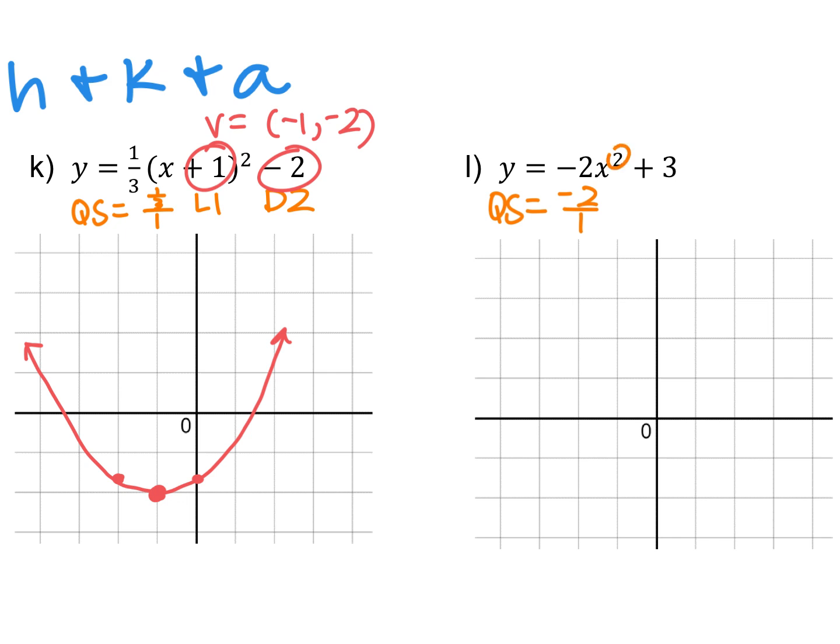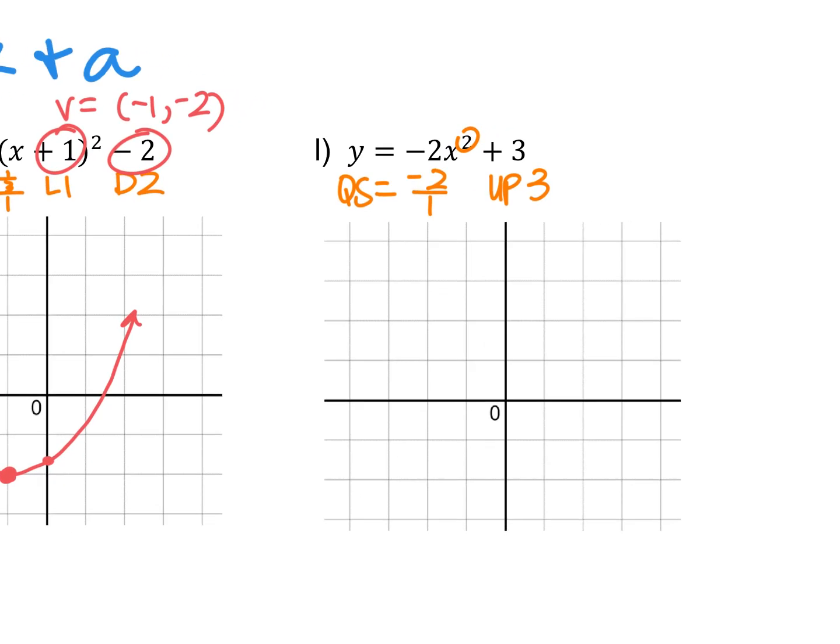So am I shifting up 3? That's all I'm doing, just shifting up 3. So from 0, 0, I'm shifting up 3. So my vertex is at 0, 3. And then I use my quote slope to go down 2, right and left 1.